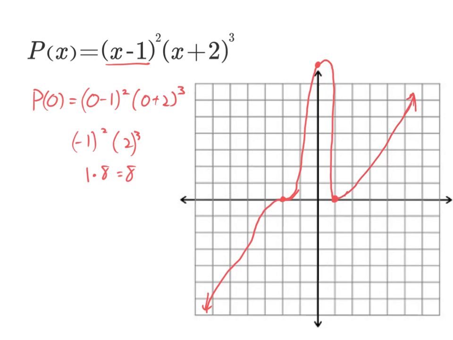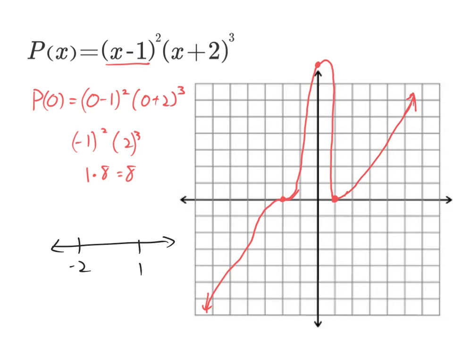Now, if you forget the bouncing or the inflection and all that stuff, you can actually use a sign chart. And you plot your important points, so -2 and 1. And then you just plug in a bunch of numbers.